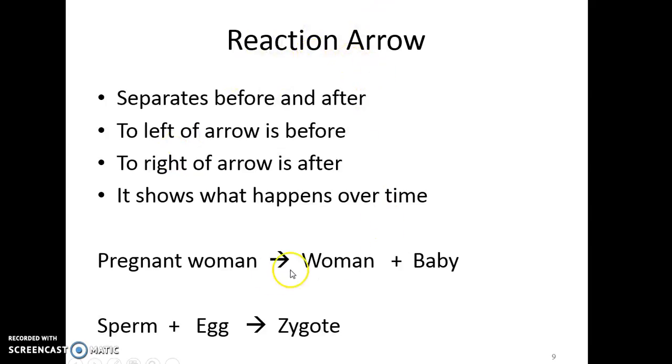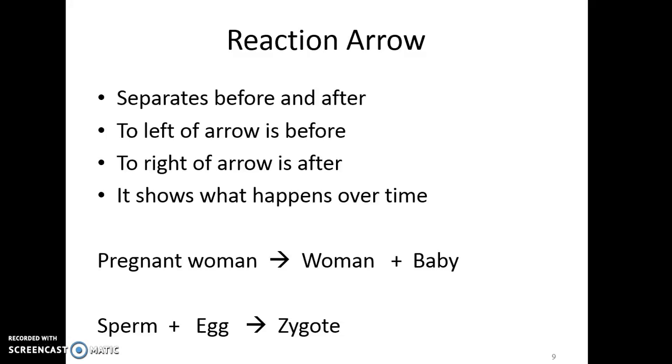Just before we go into this, I'm going to start using reaction arrows, and sometimes people have trouble understanding these. What I'd really like you to do is look at a reaction arrow as saying time elapses, and it separates the before and after. If you look at this example below, you have a pregnant woman, time elapses, and it's a woman plus a baby.